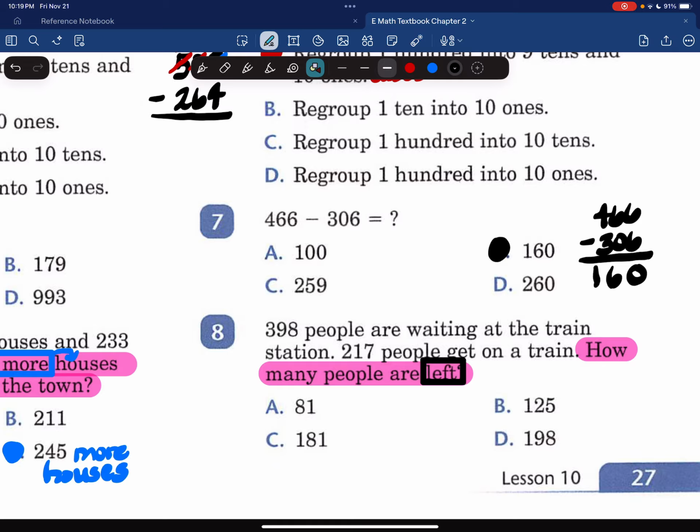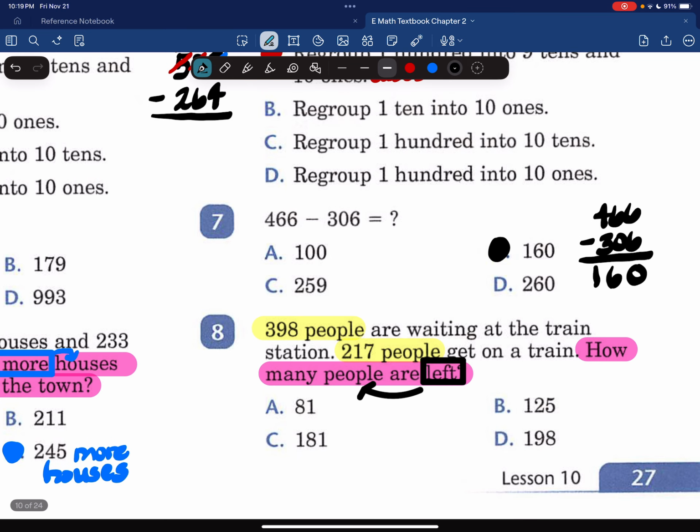If left is in a question, you want to subtract. And we're looking for people. How many people are left? So I want to look back in my question for people and people. And that will allow me to set up my problem.